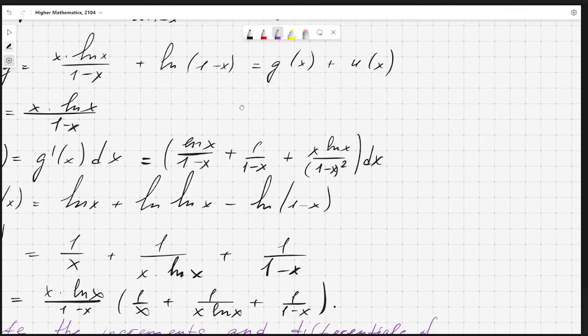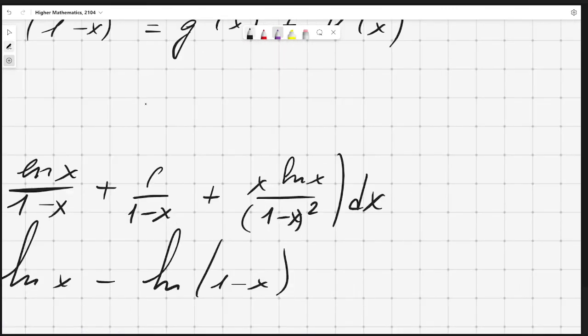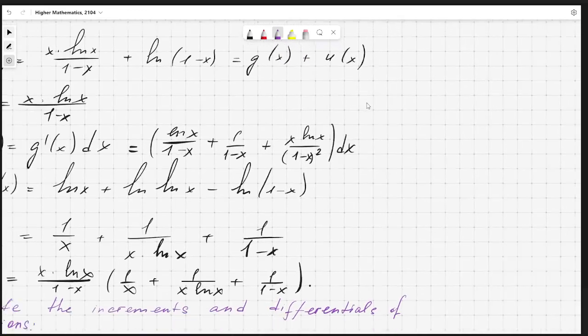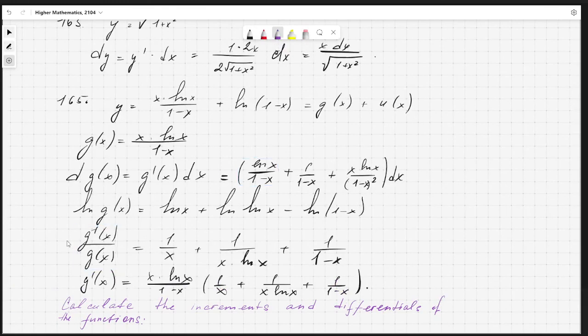Find dy. dy will be equal to dg plus du. dg we found: the natural logarithm of x over 1 minus x plus 1 over 1 minus x plus x times the natural logarithm of x over 1 minus x squared.